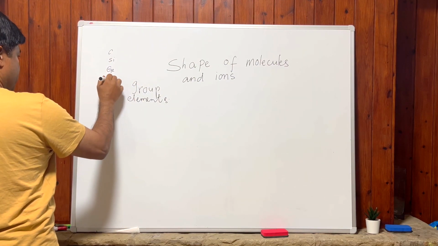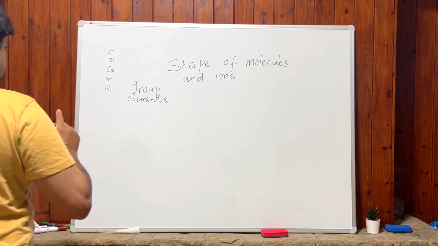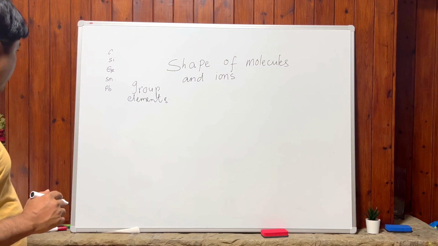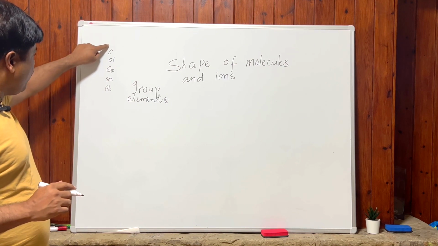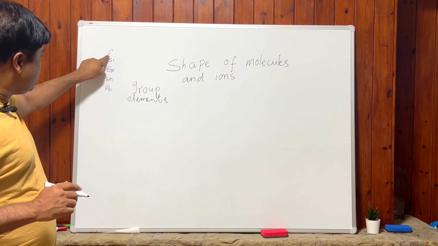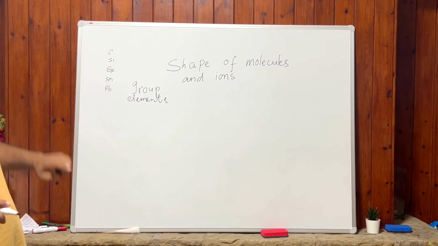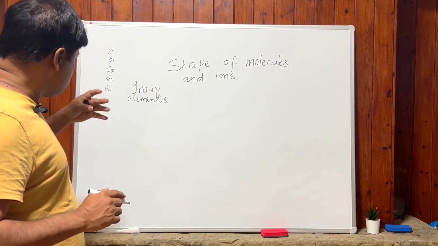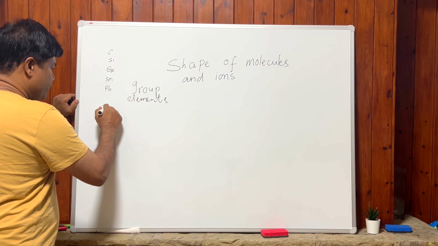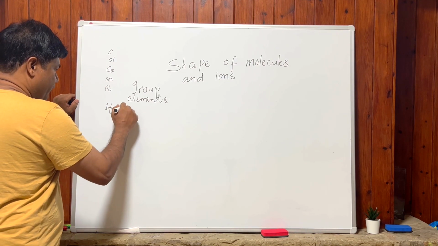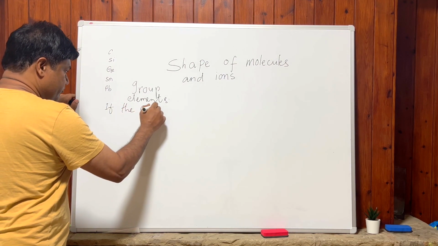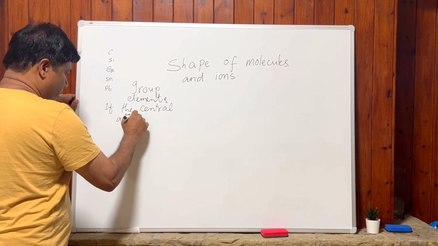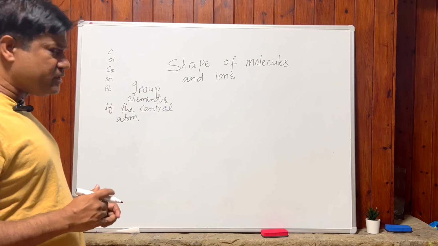Now, if the central atom is from group 4 and having 4 bonded pairs of electrons and no lone pair, let's see the shape. What is meant by the term central atom?